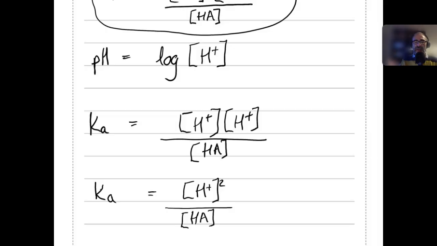Or to put it another way, Ka equals the concentration of protons squared divided by the initial concentration of the weak acid. So in order to calculate pH, when we knew the acid concentration and the Ka value, we can rearrange this equation to calculate the proton concentration, H+ ion concentration.